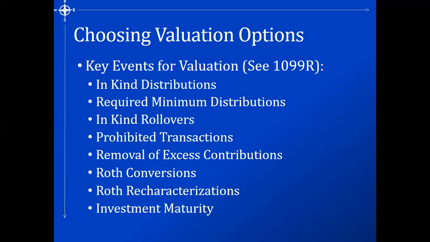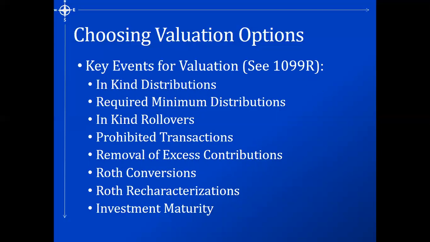So, for example, during the year you might have some in-kind distributions. You might have some in-kind required minimum distributions from your retirement account. Even if you're making those distributions in cash from another retirement account, you're reporting what your minimum distributions have to be based on the overall value of all of your individual retirement accounts. So making sure that the value of the account that you've got that's self-directed is accurately reported is very important.